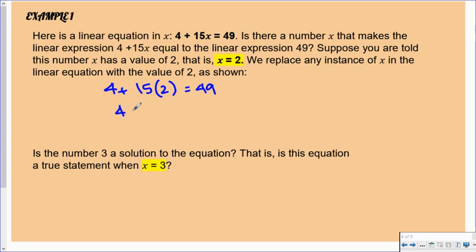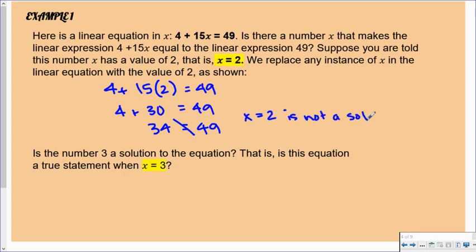Then we have 4 plus 15 times 2, which is 30, equals 49. And 4 plus 30 is 34, and the other side is 49. So since this statement is not true, x equaling 2 is not a solution for this equation, 4 plus 15x equals 49.